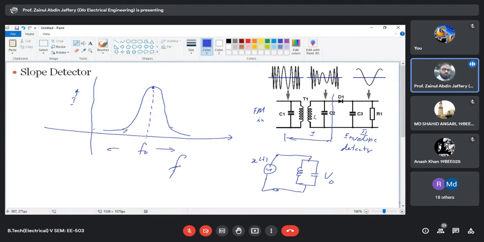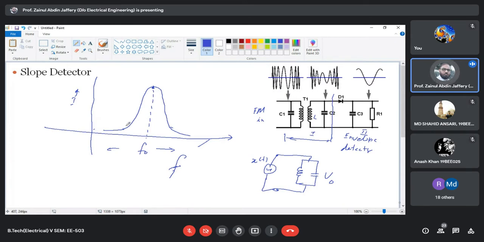Our modulated FM signal has a variable frequency that depends on your input signal, so we are reconverting the frequency to a voltage output.